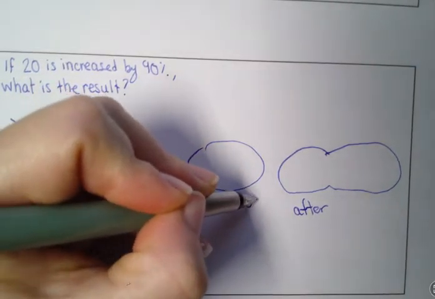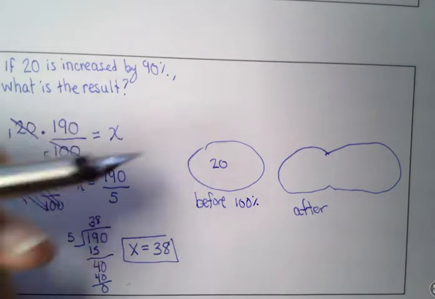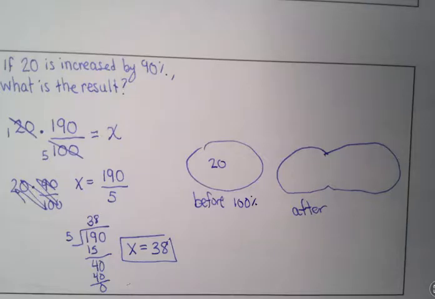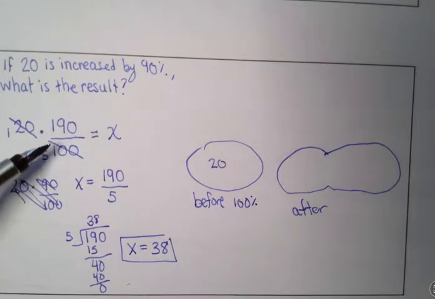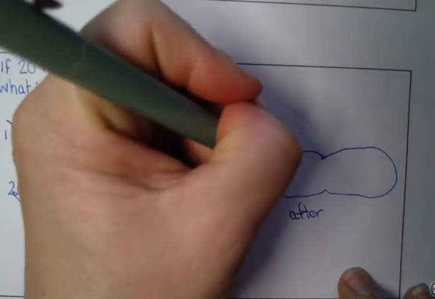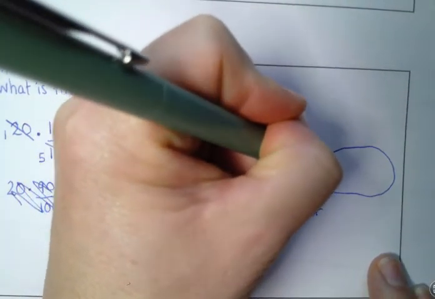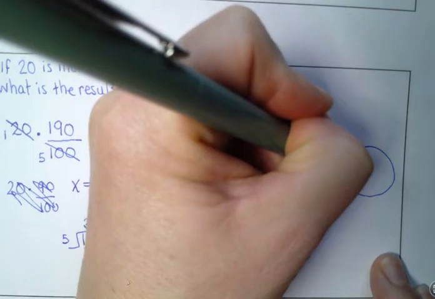This was 100%. 20 is 100% of itself. But then after we've taken 20 and increased it by 90%, or multiplied it by 190 over 100, we got a bigger number. We got 38, which is 190%.